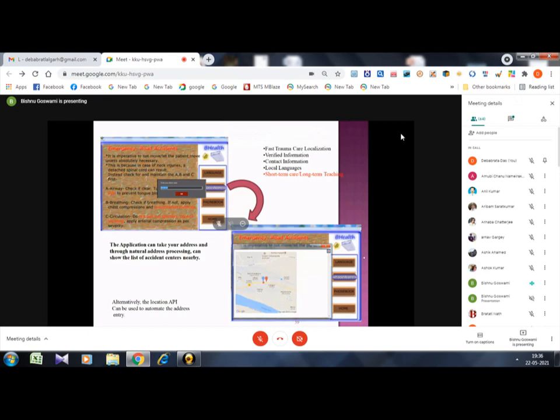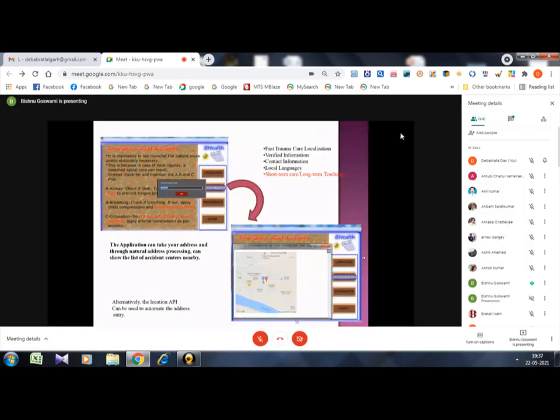And the methodology in this prototype small software was short-term care but long-term teaching. So this application had the capabilities to take your address, and through natural address processing can show a list of accident centers nearby. So this was one prototype.